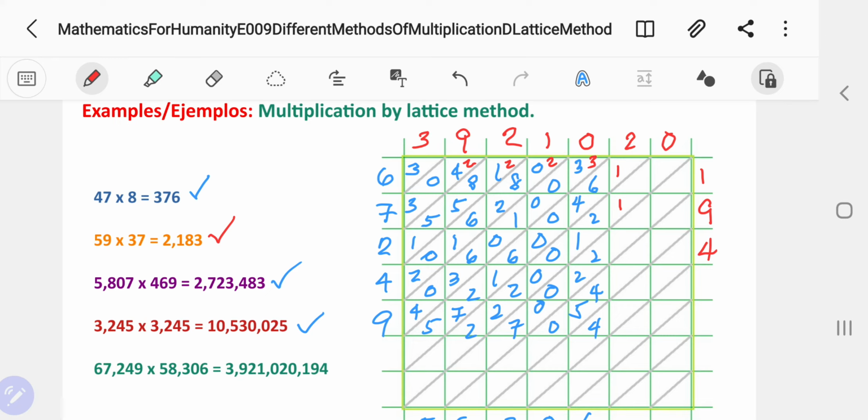So the answer is, I'll just write everything here. So 39210200194. So this is 3,391,000,000,391,020,194, and this is correct as we have solved.